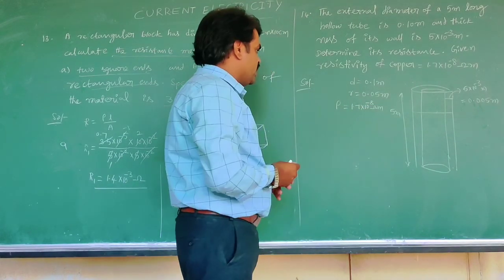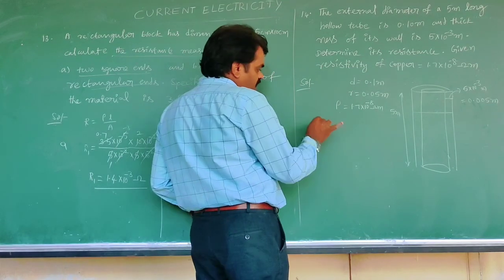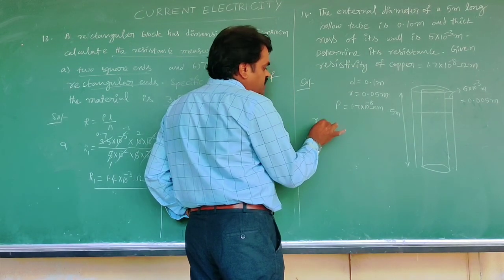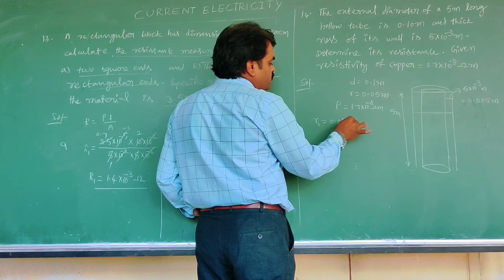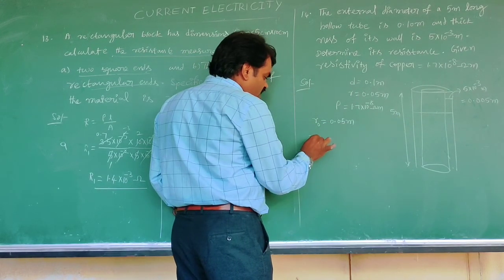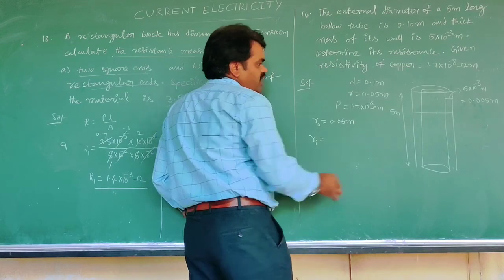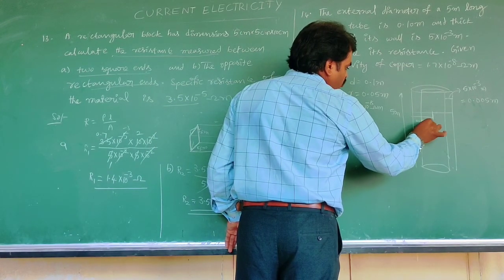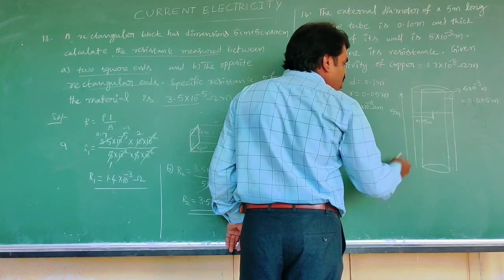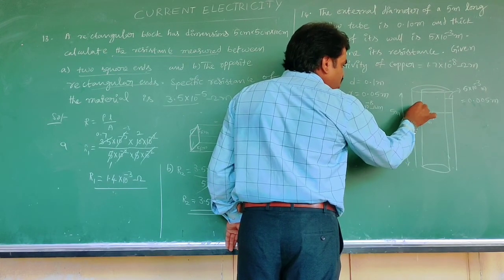Now we calculate for the hollow cylinder, the outer radius R0 is equal to 0.05 meter. Inner radius means, from here to here the outer radius is 0.05 meter, but for the inner radius we leave out the thickness.